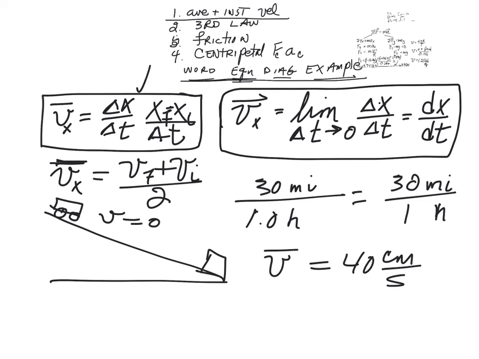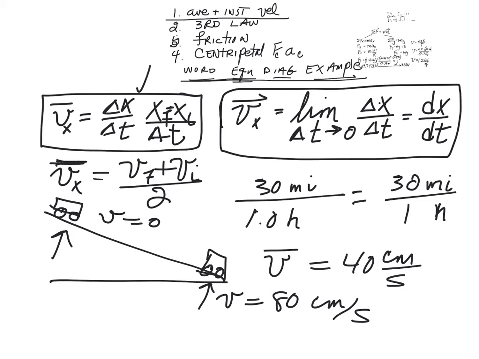And when it reaches the bottom of the track, the velocity is 80 centimeters per second because it's changing. So there's an example from lab where we can distinguish: the average velocity is 40, but between the beginning and the end, the speedometer reads every number from 0 to 80, and so it only passes through 40 at one instant.